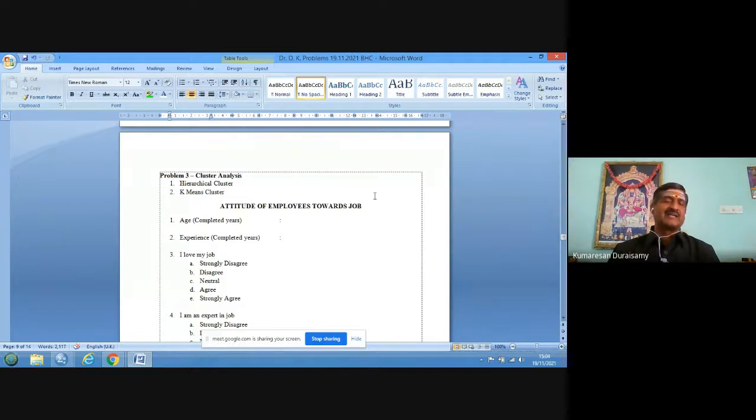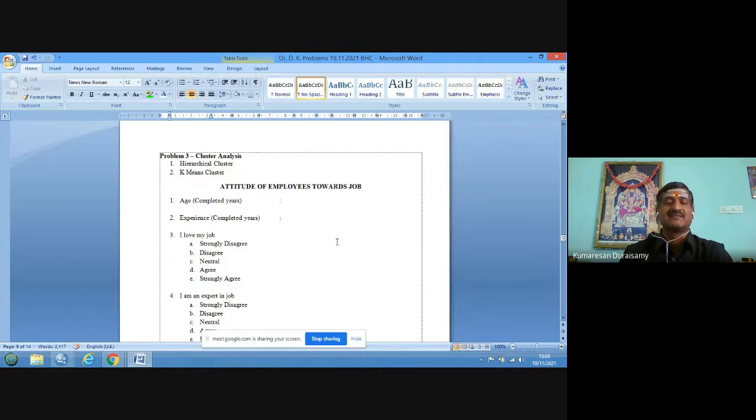It is different from all other statistical tools which we have discussed so far. Yesterday 13, today 2. So far we have discussed 15 statistical tools. And this cluster analysis is entirely different from the previous tools.